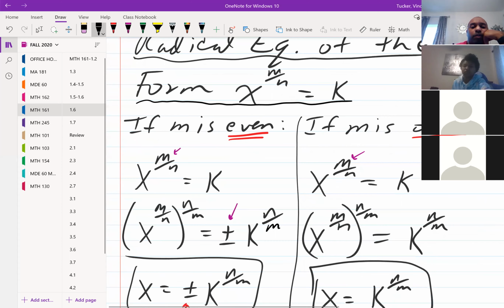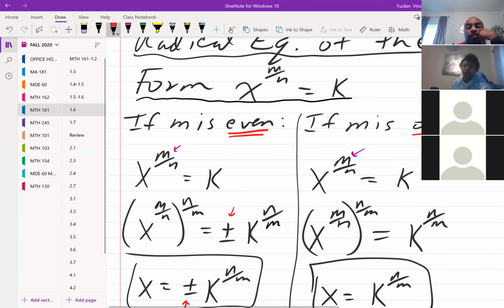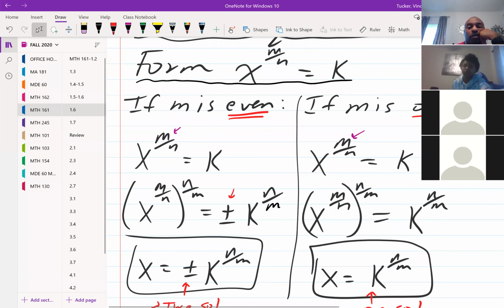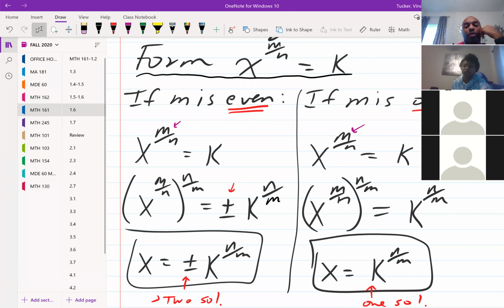First of all, you raise both sides to the reciprocal. So we had m over n, and we raise both sides to the n over m. And we also have plus or minus involved. So we should get two solutions when m is even. That plus or minus should be involved.